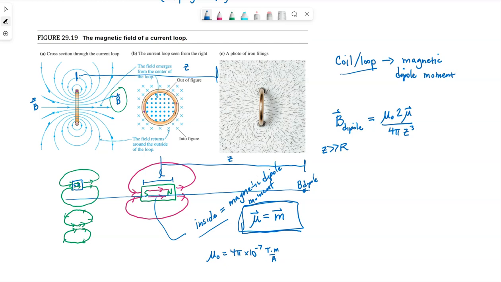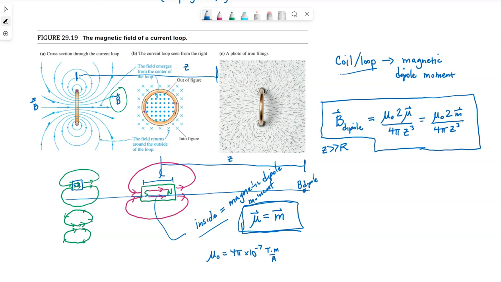If we compare this, actually, let me do this really fast. In terms of using the lowercase m as the magnetic dipole, the same equation would look like this. It would have the m instead of the mu.